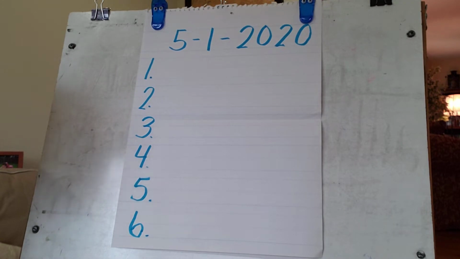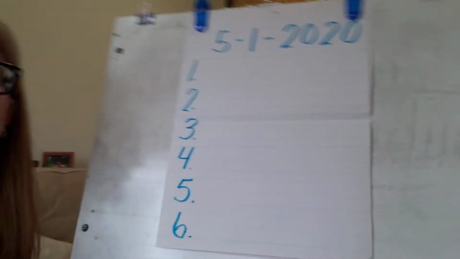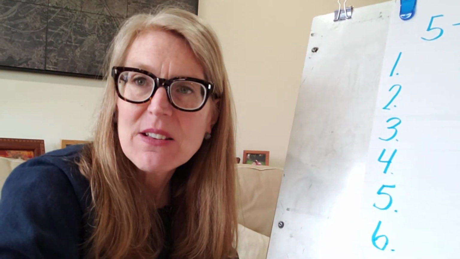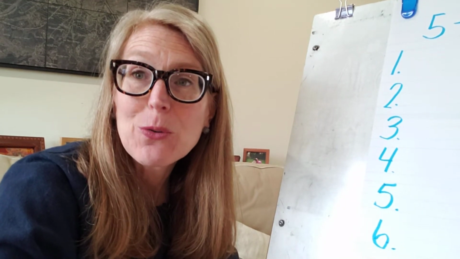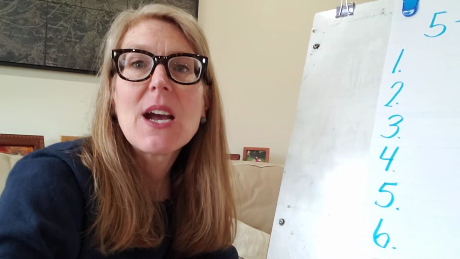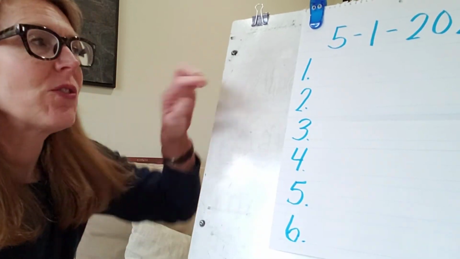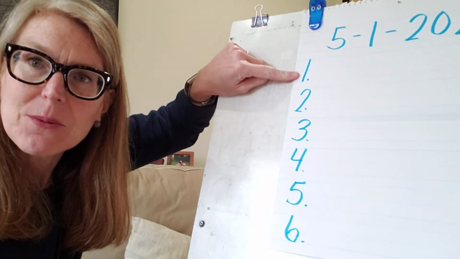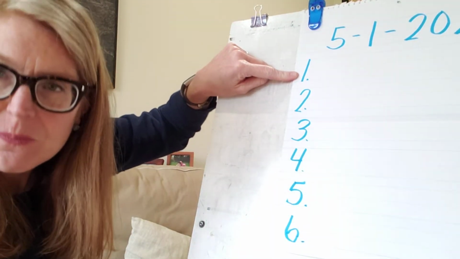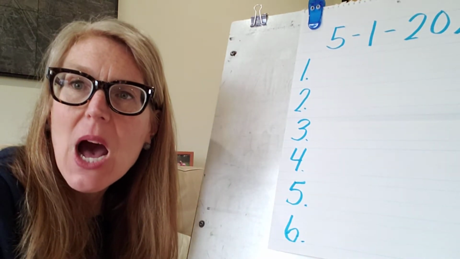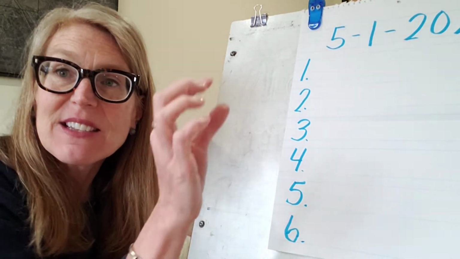What we're going to do is I'm going to say the word, and we're going to say the sounds in the word, and then you're going to write that word for me. Everybody put your finger on number 1. Listen to my word. My word is pond. Now listen as I tap it out.